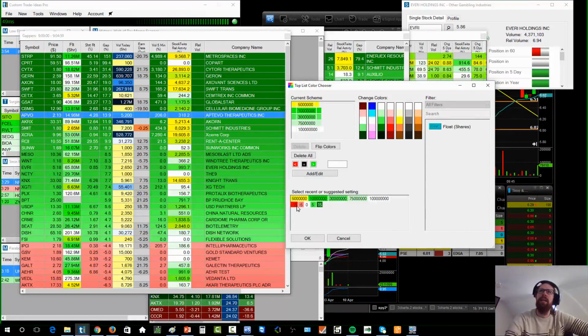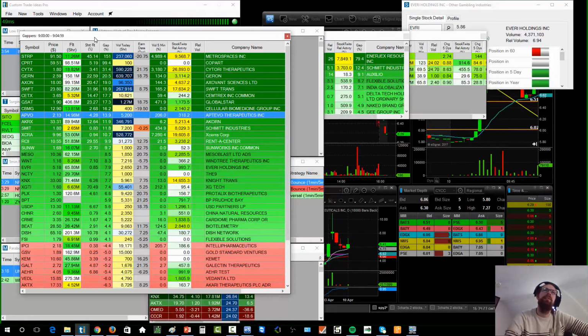All right, bright red and bright green are also significant. So here I've colored this so float below 5 million is yellow because these are the stocks that really have big potential. Under 10 million is kind of a lighter color, and as it starts to get higher, it starts to fade all the way back to white.